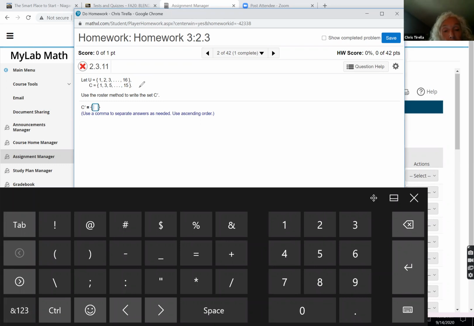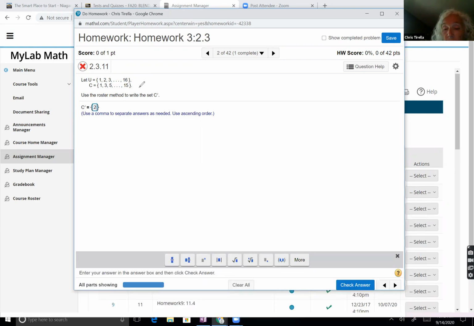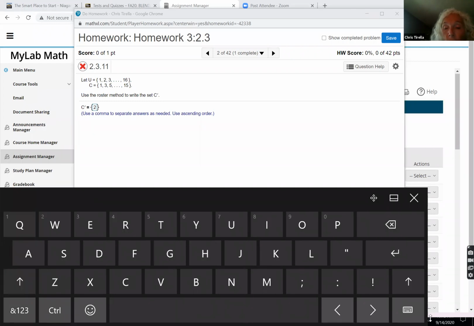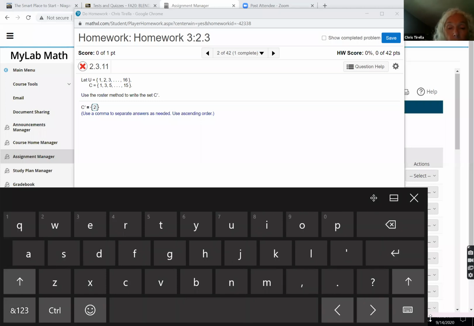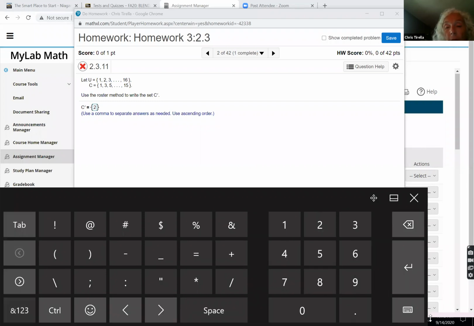So that would be, oh, I hate this keyboard, 2, we need to put commas in between, comma, 4, comma, 6, comma, 8, 10, 12, 14, and 16.